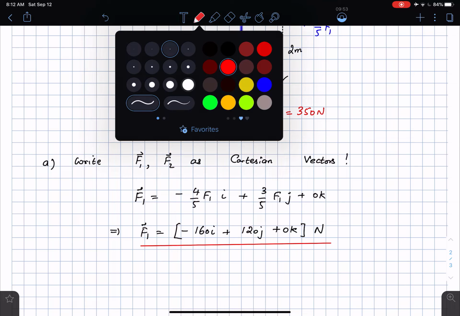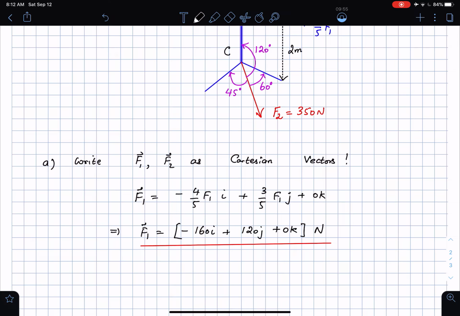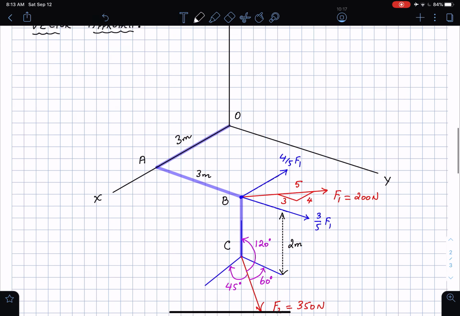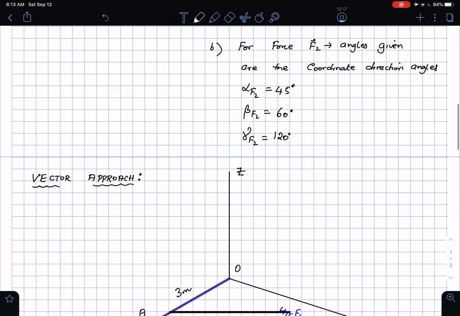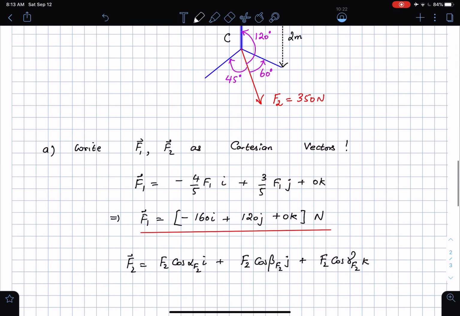Okay, then likewise, so this is the force F1. Then I come to the force F2. As you can see, I'm still looking at the same figure for the force F2. This is going to be F2 cosine alpha F2 i, F2 cosine beta F2 j, F2 cosine gamma F2 k. These are all given to us. Alpha F2, beta F2 and gamma F2 are known to us, as you can see from the figure.